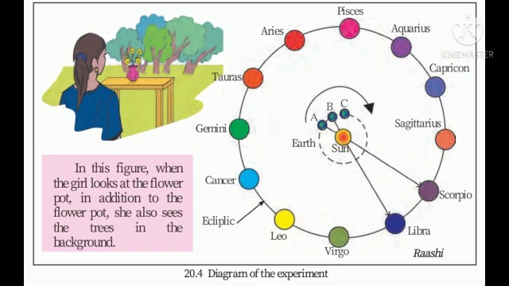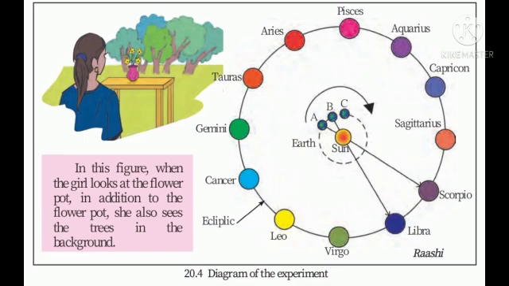In reality, the sun does not move, but the observer perceives it due to the motion of the earth around the sun. As the earth changes its position, a different constellation appears behind the sun, but astrologers express it as if the sun has entered the constellation or zodiac sign or rashi.